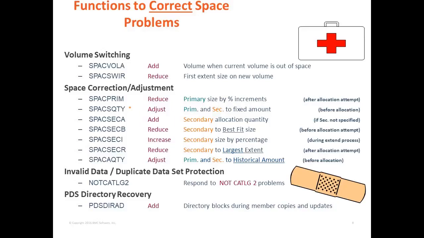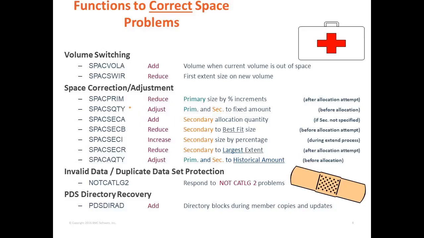Functions that are directly related to correcting space during allocation, or while a dataset is extending, are SPAC PRIME, SPAC QUANTITY, SPAC SEC A, SPAC SEC B, SPAC SEC I, SPAC SEC R, and SPAC A QUANTITY.